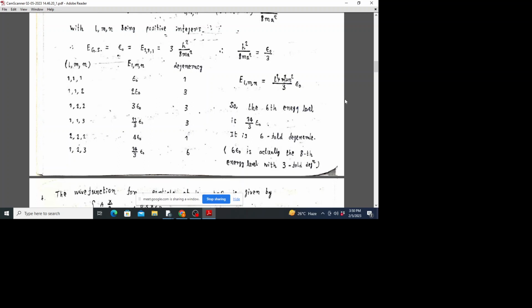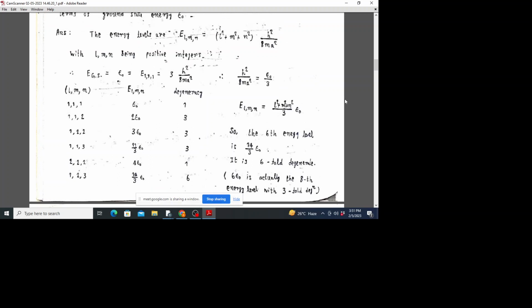So you see, if you put any one of n, m or l to be 0, your wave function immediately becomes 0. That means the wave function does not represent any particle, because using a 0 wave function you will get probability density 0 everywhere. That is why you cannot take n, m and l to be 0. They have to take positive integer values.